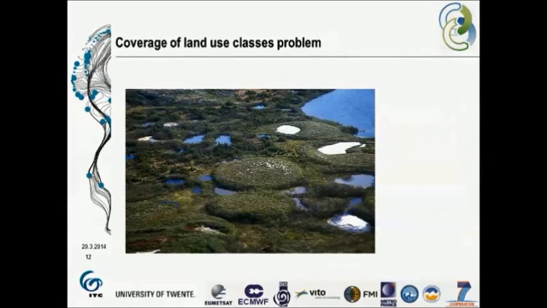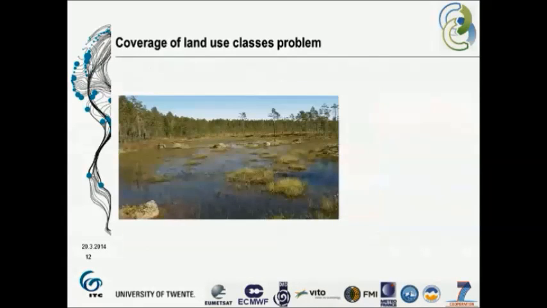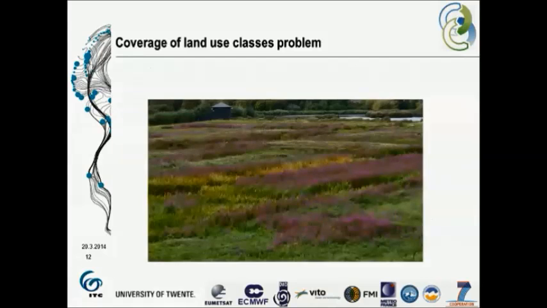Starting from the north, these palsa mires, which are typical of the northernmost latitudes in Europe. This is from Finland. Then we have the more typical forested wetland in Finland. And then we go abroad. I think this is from Britain.